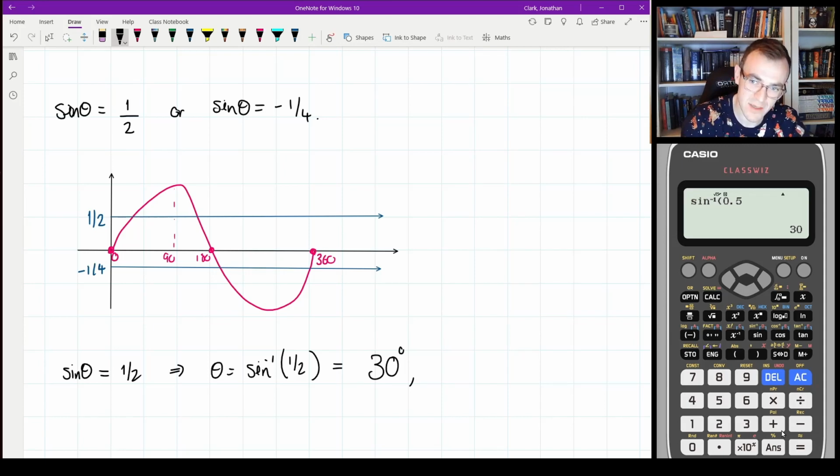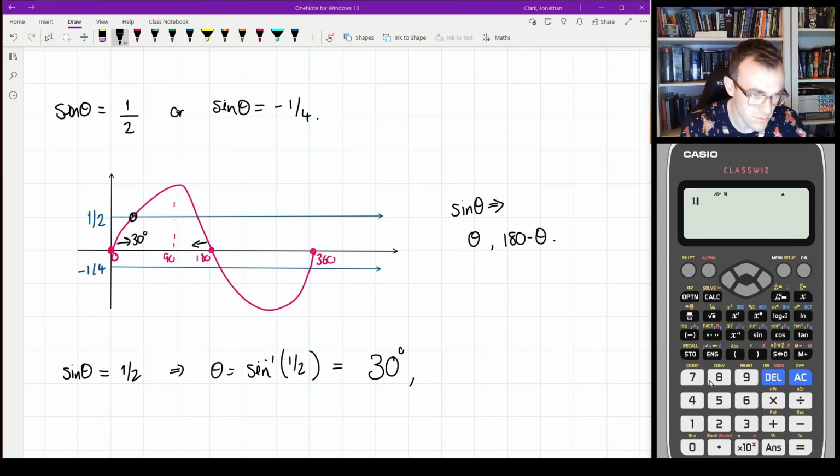And by the symmetry of the sine curve, the way I get the other answer is I do 180 minus it. So it's going to be whatever the angle is and 180 minus it. I know I've gone 30 degrees across here. I can go back 30 degrees there. 180 minus 30 is going to be 150 degrees. Those are those two answers accounted for.